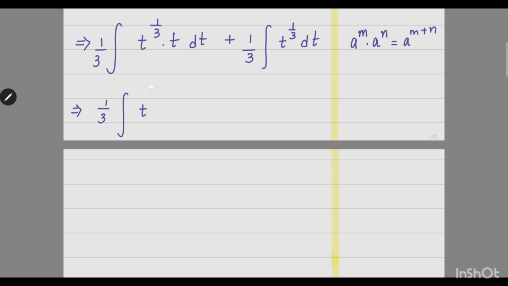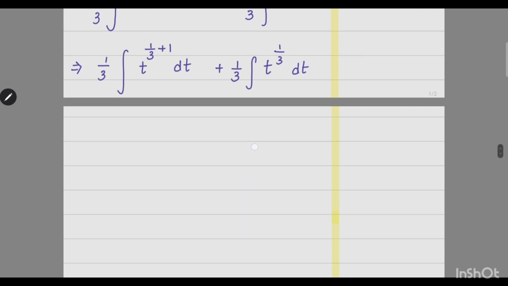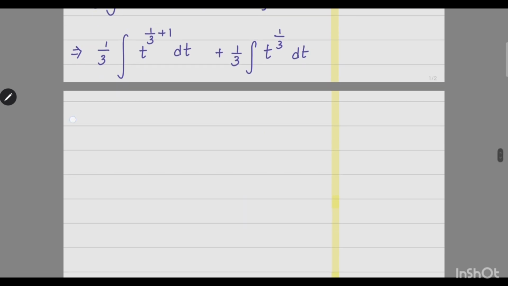So here we will write t to the power 1 by 3 plus 1 with respect to t, plus 1 by 3 integral of t to the power 1 by 3 with respect to t. Now this implies 1 by 3 integral of t to the power of 1 by 3 plus 1, which is nothing but 4 by 3, with respect to t, plus 1 by 3 integral of.